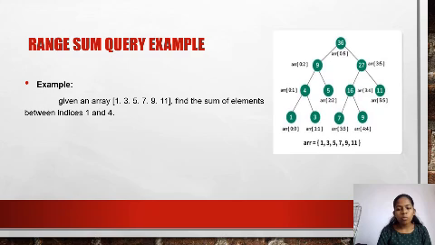So, sum of 1 and 3 we got 4. Then sum of 7 and 9 we got 16. Then sum of 4 and 5 we got 9. Sum of 16 and 11 we got 27. Finally, sum of 9 and 27 we got 36, which is the topmost element of the tree.